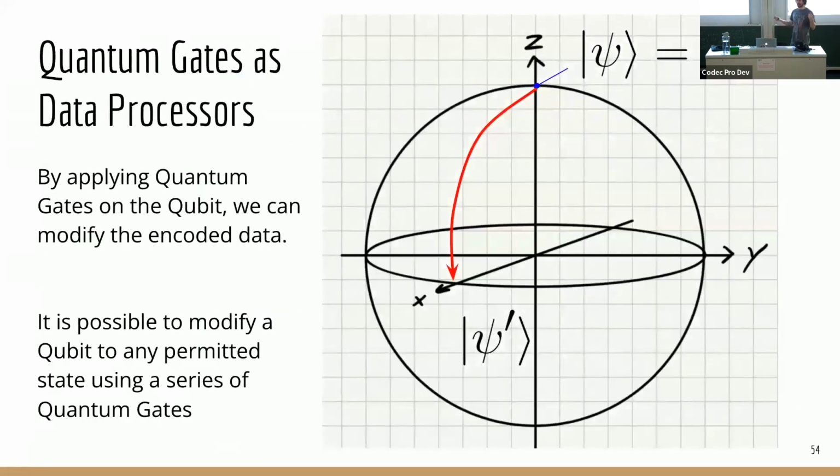We can think of quantum gates as data processors. When we apply quantum gates, we are modifying this encoded data. And although I didn't prove this to you, you can think that through a combination of a few parameterized quantum gates, we are able to modify a qubit with an initial state of the zero ket or any initial qubit state to reach any other point on this Bloch sphere.